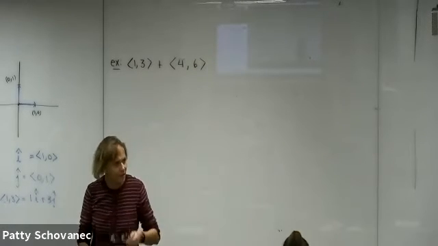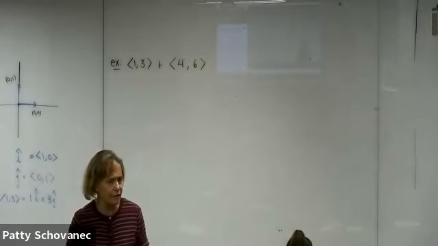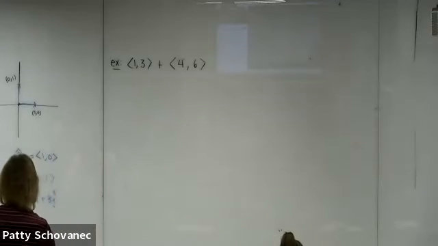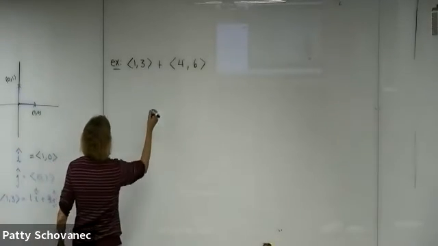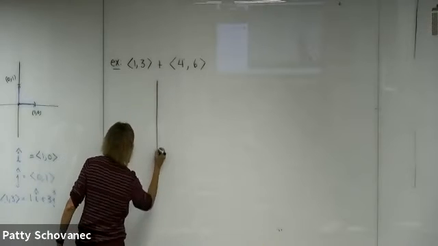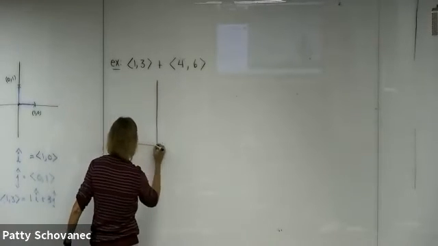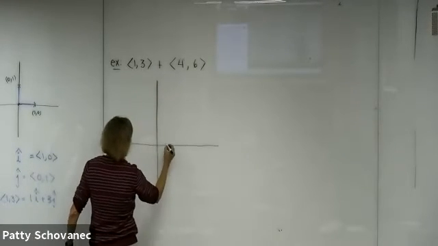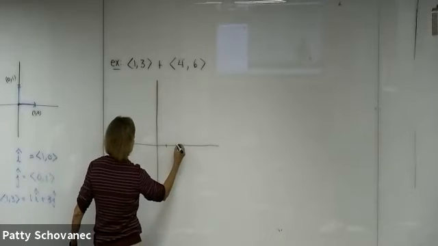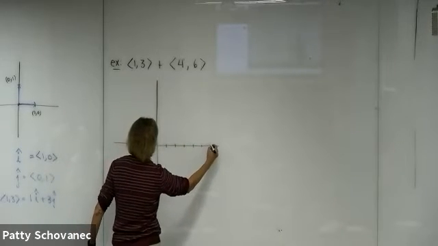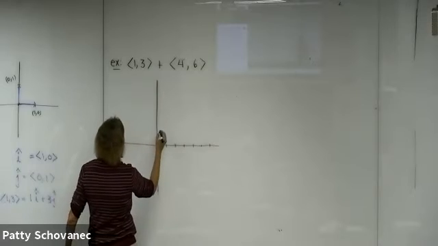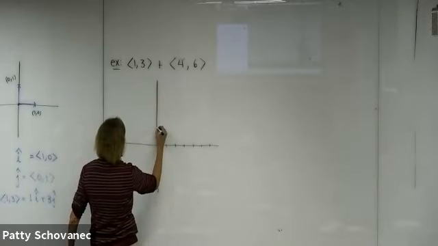Okay, let's go ahead and draw these two as position vectors. And then we'll add them and draw that as a position vector. Let's make the scale kind of large. I'll try to make it equally spaced. So that'll be 1 unit, all the way over 6 units. You actually have to go over 9, and up to 6.